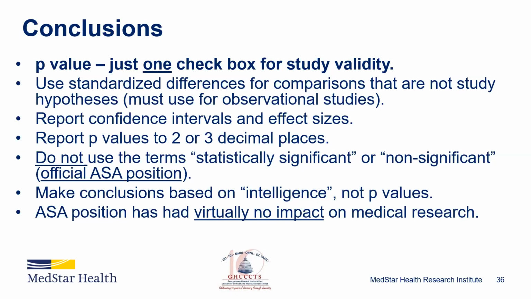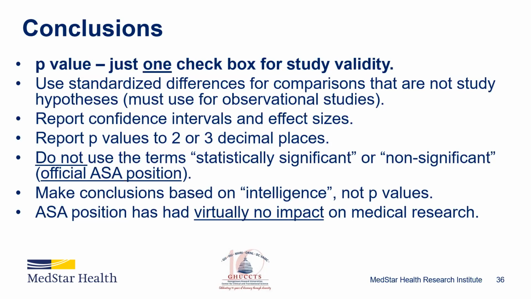One thing that the ASA says is, don't use the term statistically significant or non-significant. I'm not so sure I would go that far. What I don't typically encourage people to say is highly statistically significant, or use a trend in significance.